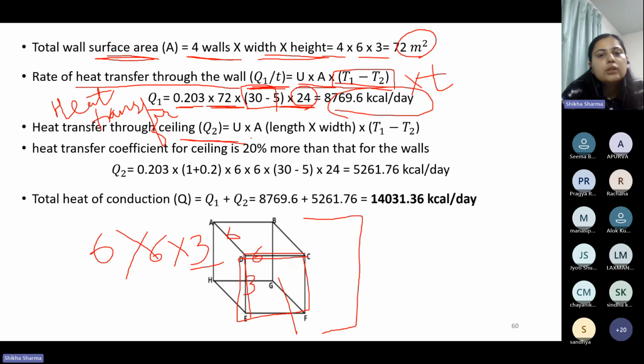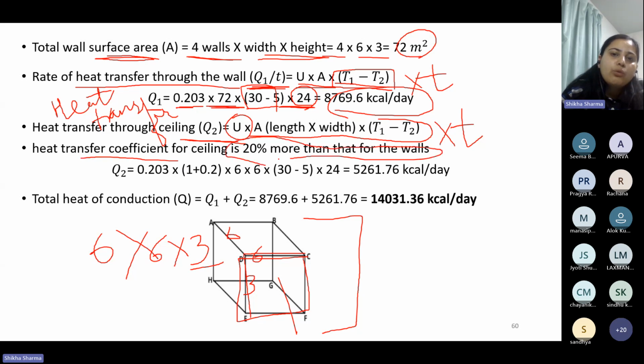Heat transfer now we need to calculate through the ceiling. So Q2 is equal to UA into T2 minus T1 into time. U we already calculated as 0.203, but the question states that the heat transfer coefficient for the ceiling is 20% more than that of walls.